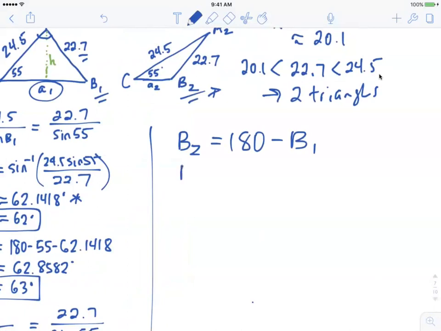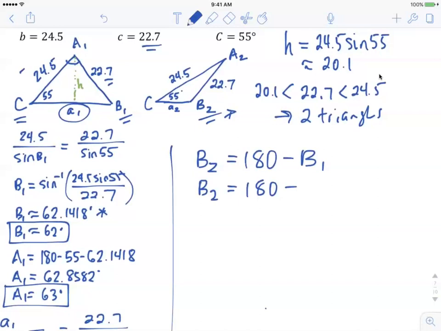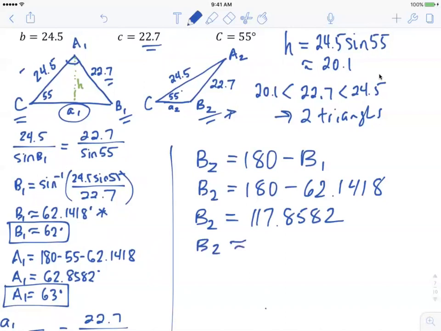So I'm going to use the one with a bunch of decimal places to stay accurate. My B sub 2 turns out to be 117.8582, or for my final answer, 118 to the nearest degree.